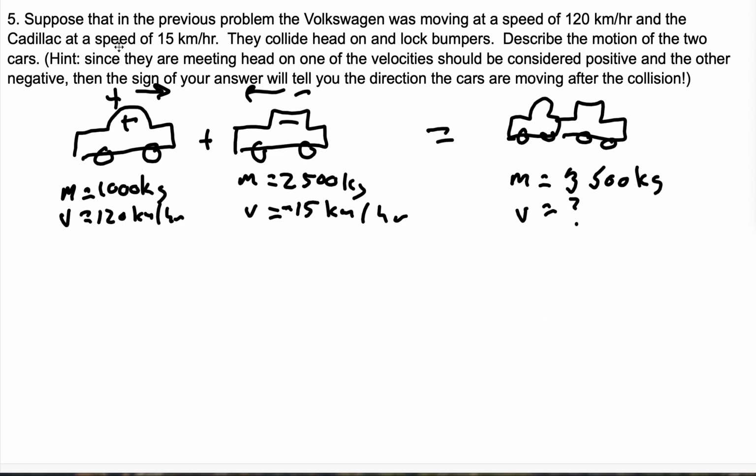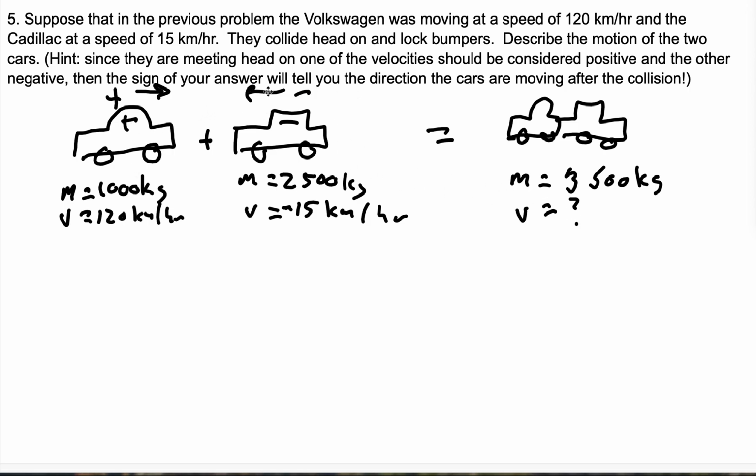So if we read the problem again, it says that the Volkswagen was moving at 120, Cadillac at 15. They collide head on. They lock bumpers. And I want to describe the motion of the two cars after the collision. Well, because they lock bumpers, they're going to be moving together. If this velocity comes out positive, it means they'll be moving to the right.